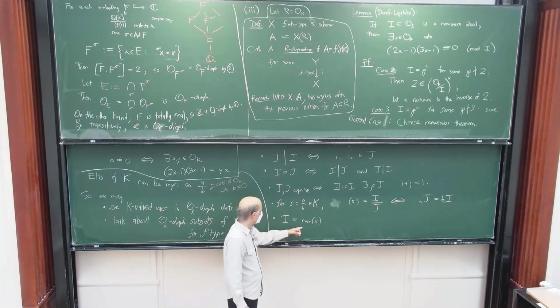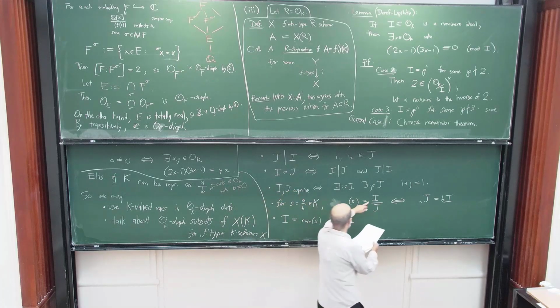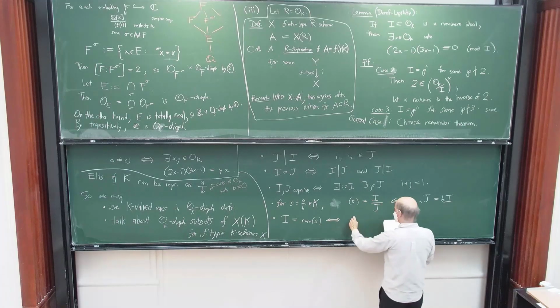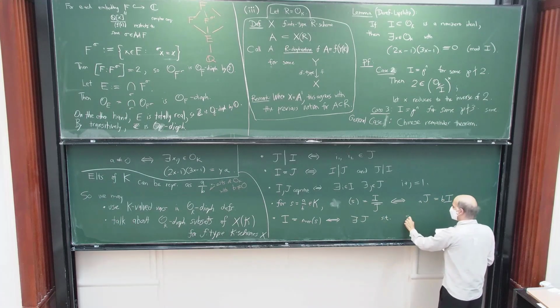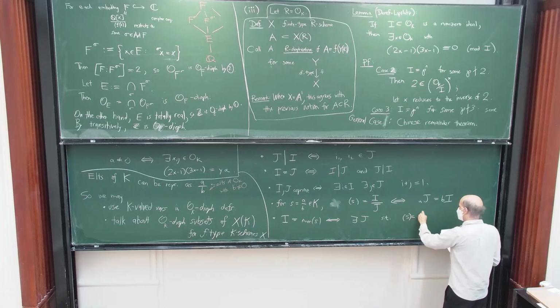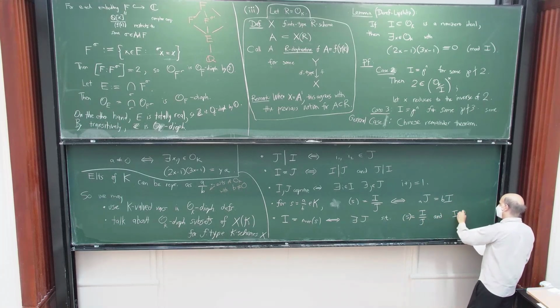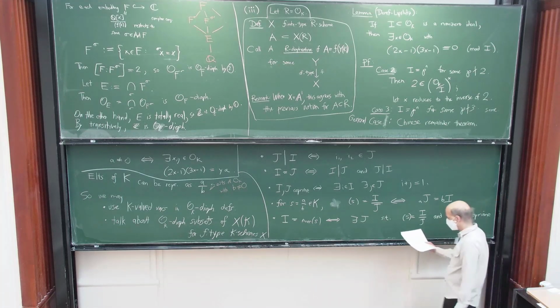And so you can always write the ideal generated by S as a fraction where I and J are coprime, and the top one is called the numerator ideal. So this just means that there exists an ideal such that S is equal to I over J and I, J are coprime. So you can detect numerators.